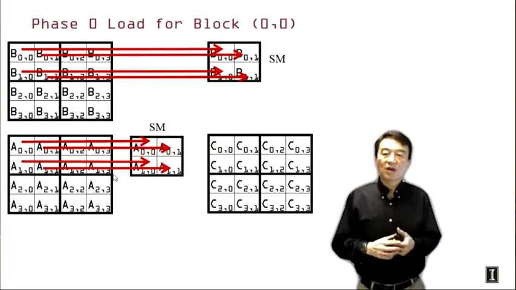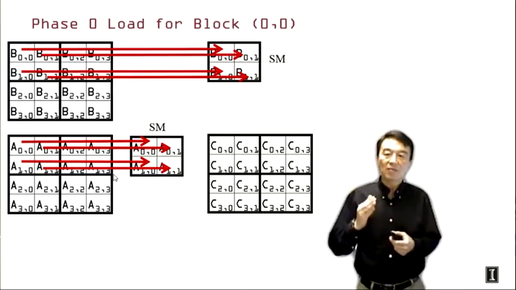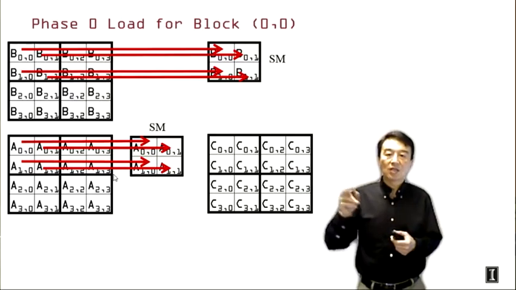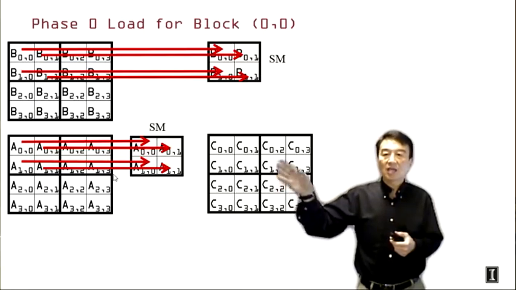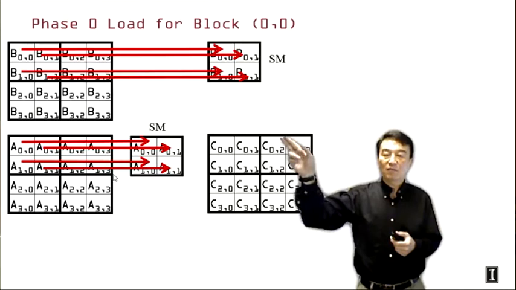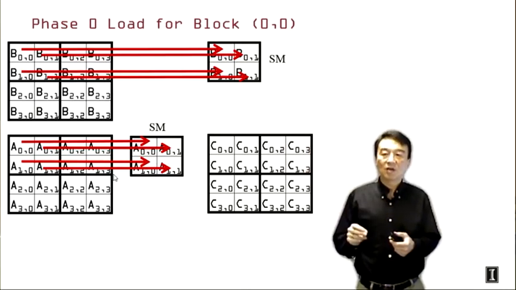So when we divide up the A and B arrays, we know that in order to generate the upper left corner tile of C, we need the upper half of A and the left half of B to be all the input data we need. So we can go ahead and divide up the process into 2 phases.